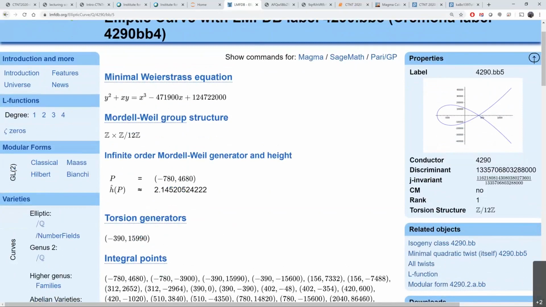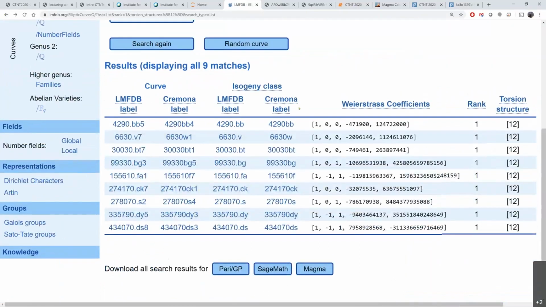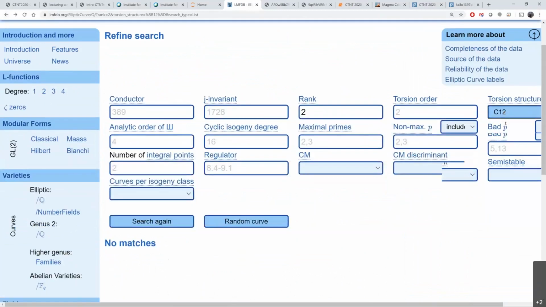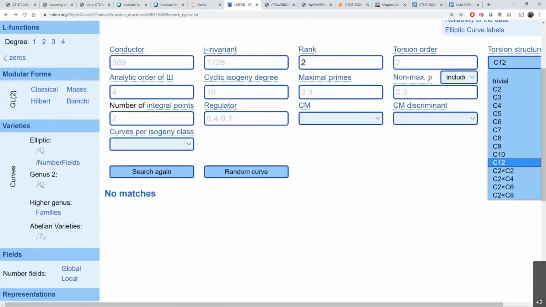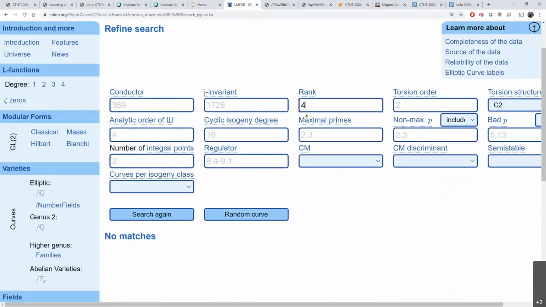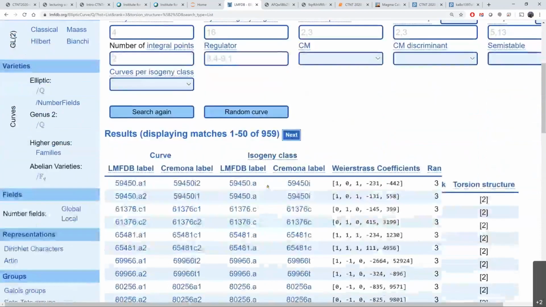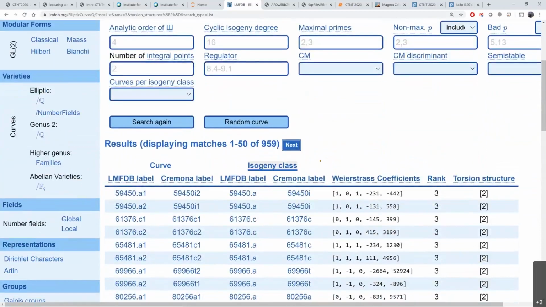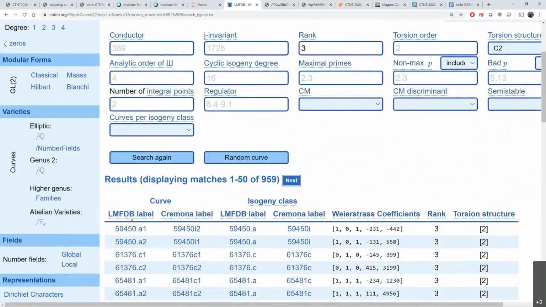But if the torsion subgroup is small enough, then you can find things in the database. For example, if I choose, instead of ZMod 12, a point of order 2, and I try to choose rank 4, see if we can find anything. No matches in the database, but we know those exist and we know examples. But at least rank 3 with a point of order 2 is in the database.